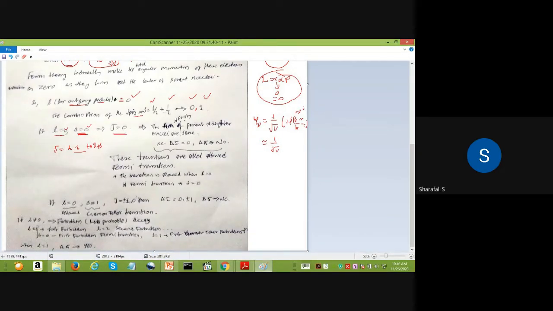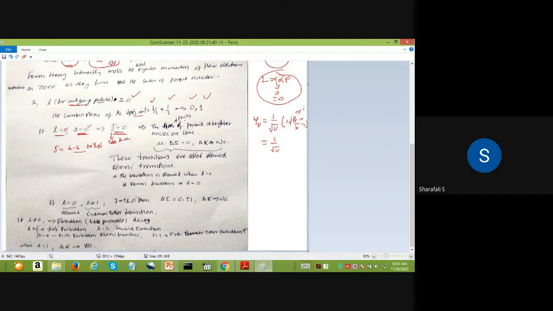The angular momentum and parity of the parent and daughter nuclei are the same, which means J equal to 0 corresponds to the total angular momentum of the outgoing particles. I hope you know that.